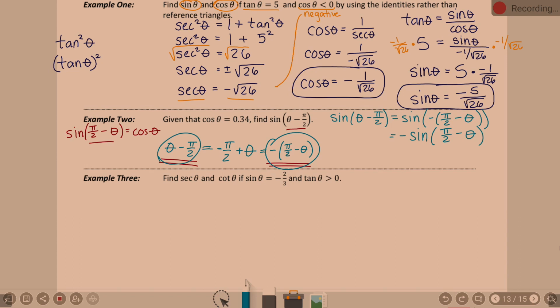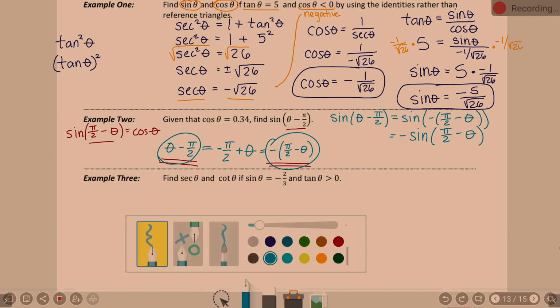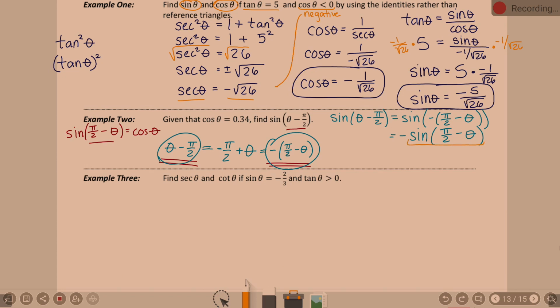Okay. Now, ignore the negative for a moment. What do we know about sine of pi over 2 minus theta? Sine of pi over 2 minus theta, according to our cofunction identities, is equal to cosine.